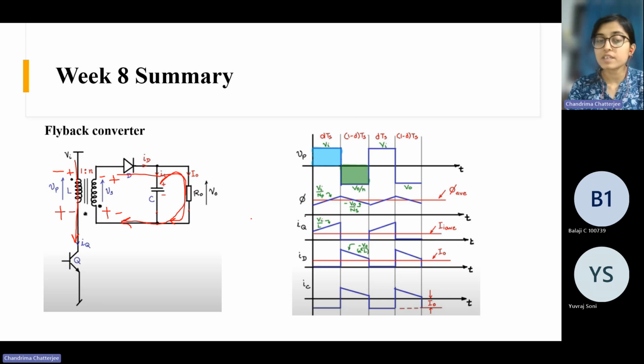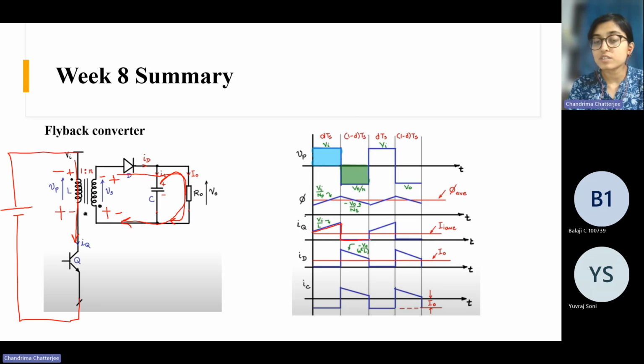So this is VI by L, because when the switch is on, the voltage VI appears across the primary winding, right? There is no voltage drop across the switch. This input voltage comes across this winding. So the current slope will be VI by L.